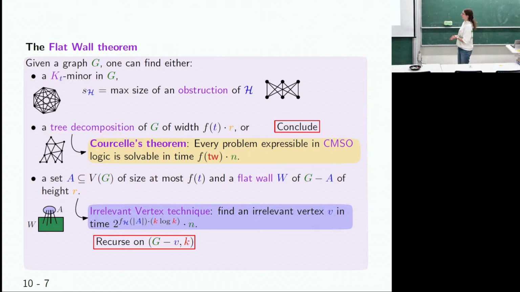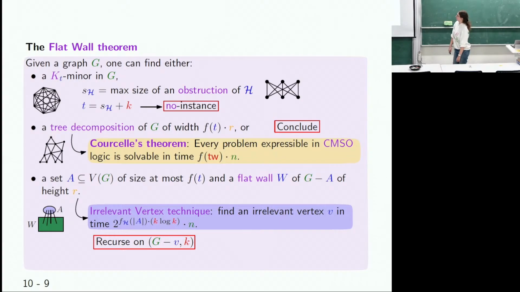Why is this? It's because if you take an obstruction in your graph, and you take the size of this obstruction plus k, no matter how you modify k vertices in your clique, you still have this obstruction. So you can say no.